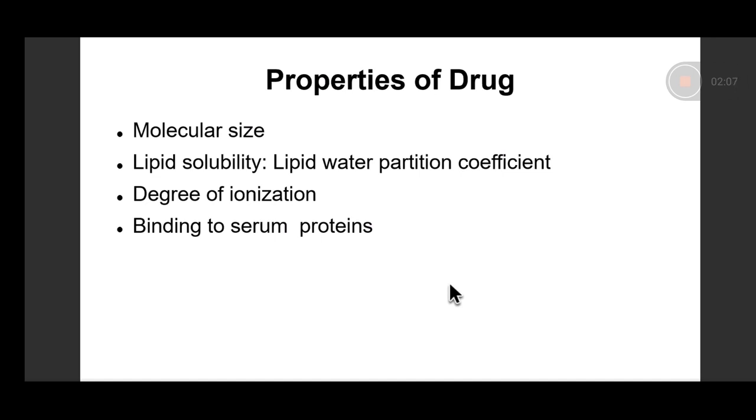So, what are the properties of a drug which determine its movement? Number one, molecular size. Number two, lipid solubility, which is determined by the lipid-water partition coefficient. Number three, degree of ionization. And number four, the extent of binding to serum proteins.